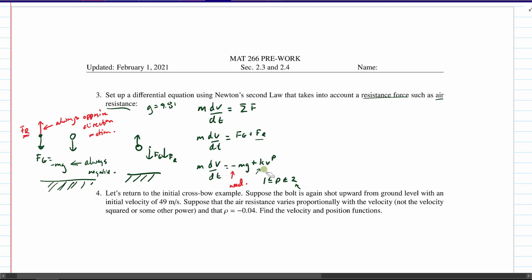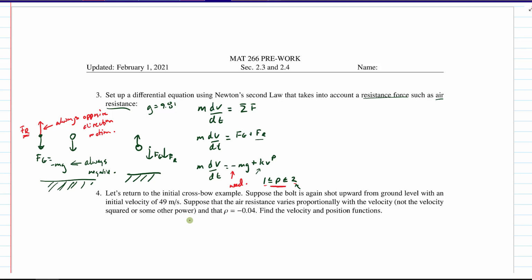But in fact, if you don't make certain assumptions, and if you verify things experimentally, you might find that there's some p-value between 1 and 2 that works better than using 2 itself. So depending on your problem, you may use 1, you may use 2, you may use any real number in between there, depending on your model. And we're not going to get into that too much, but you'll have to watch out for that in the problem statements.